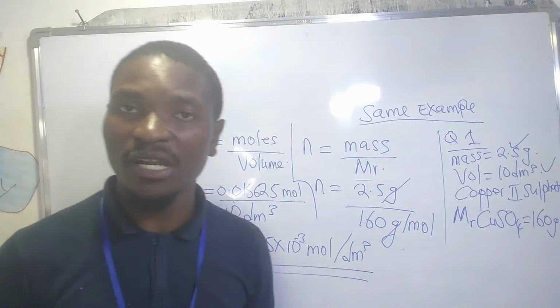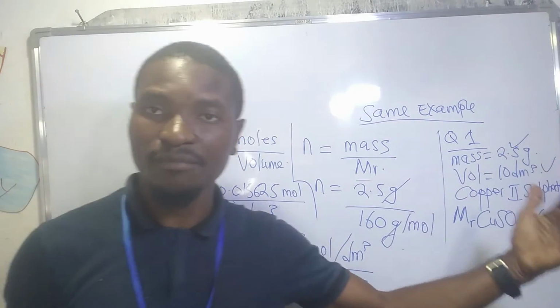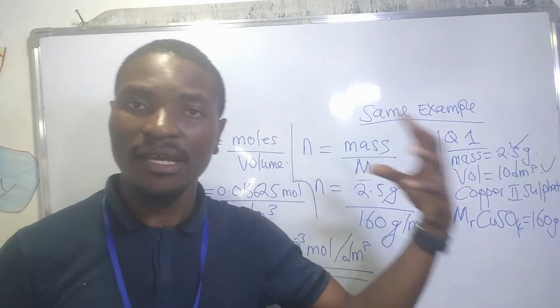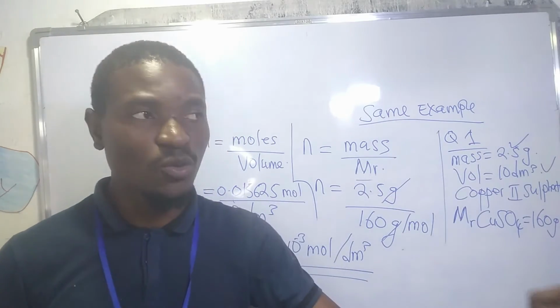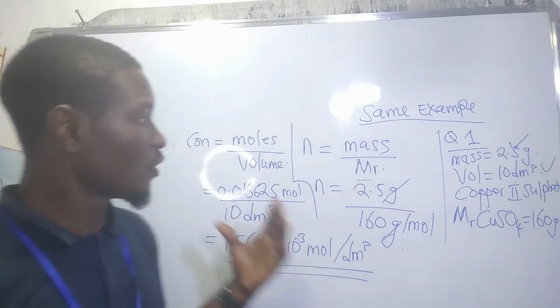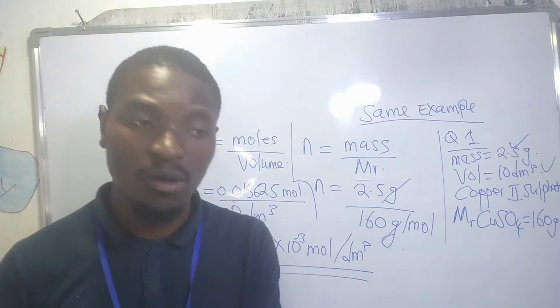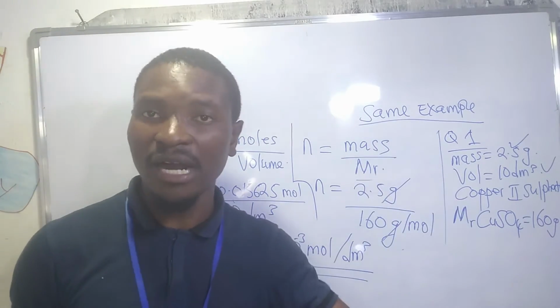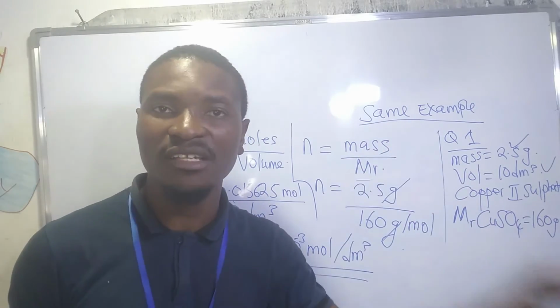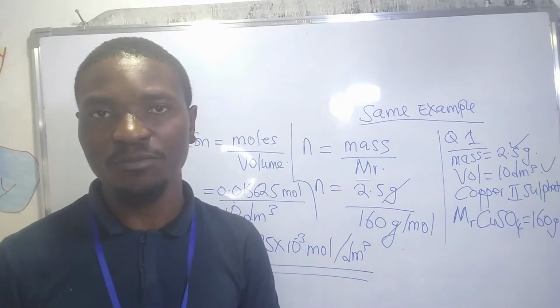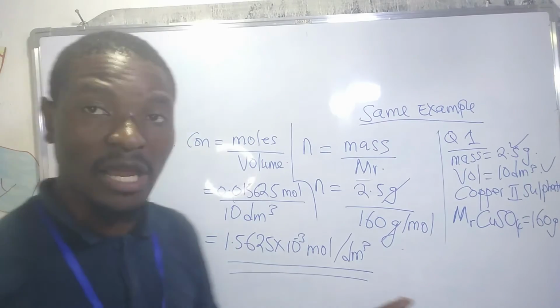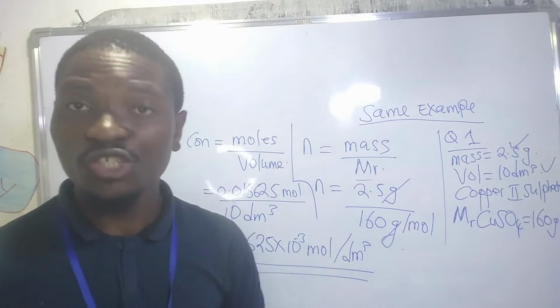Make sure that first of all you convert the mass that you have been given to the number of moles. And once you have converted that, you can use the other formula for concentration, when the final answer of the concentration should be given in moles per cubic decimeter. I want you to make sure you practice.